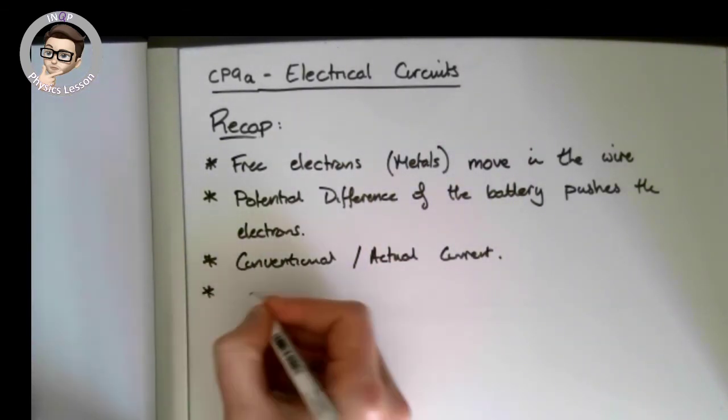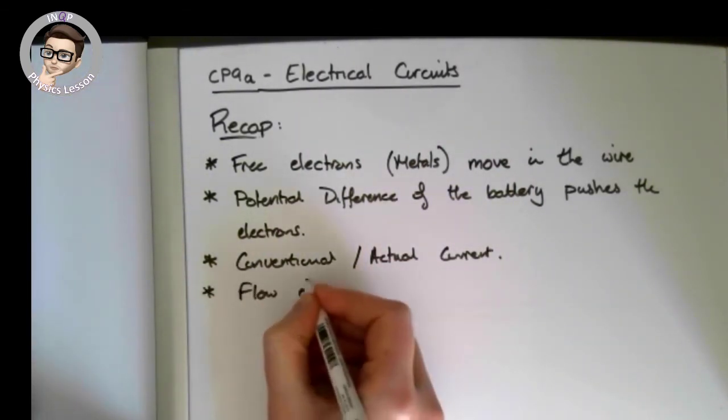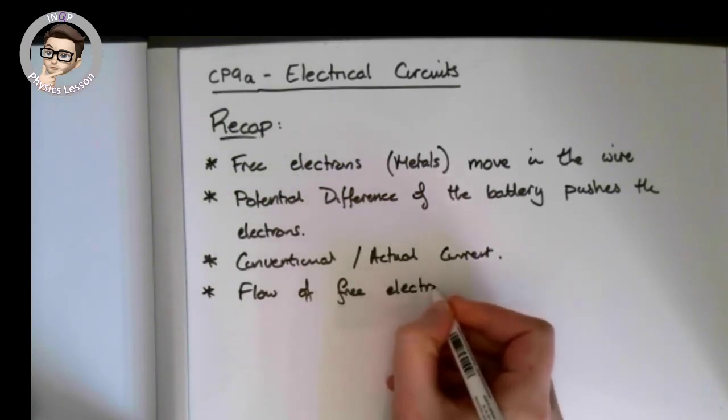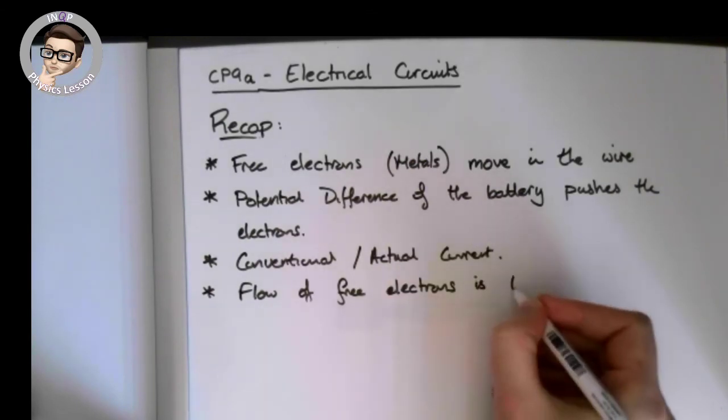The flow of free electrons, we'll go into this in more depth next time, is the current.